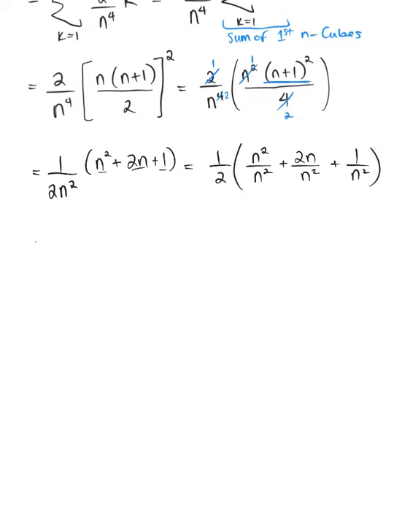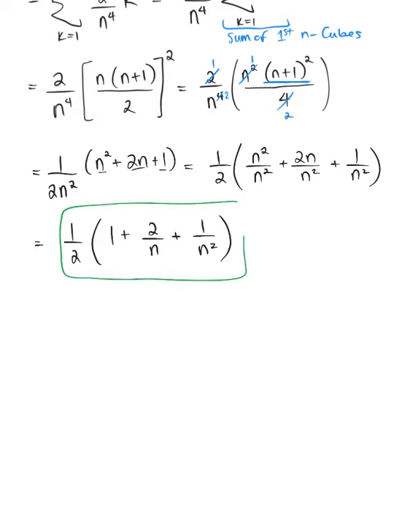And this simplifies to 1/2 multiplied by 1 plus 2 over n plus 1 over n squared. And we have set this up beautifully now to go ahead and take the limit. So this is the formula for Riemann's sum, simplified. And we're ready to apply that limiting process to get the exact area.